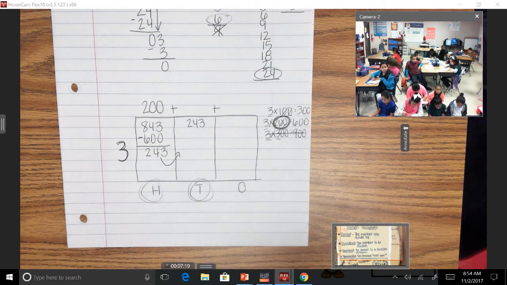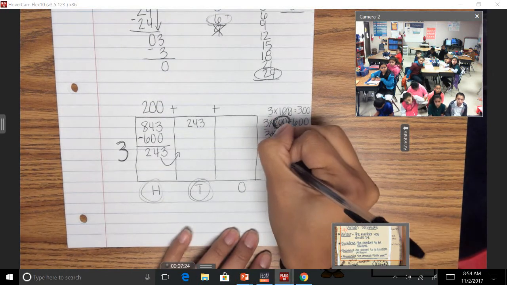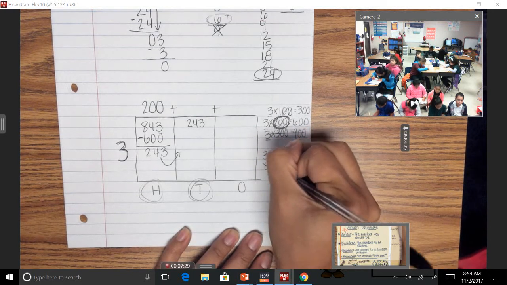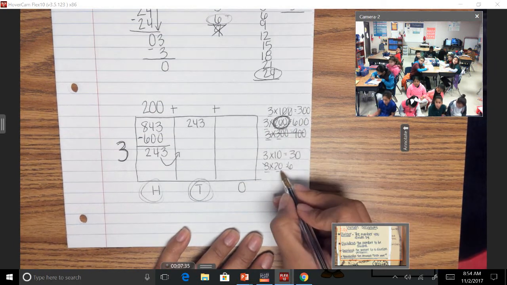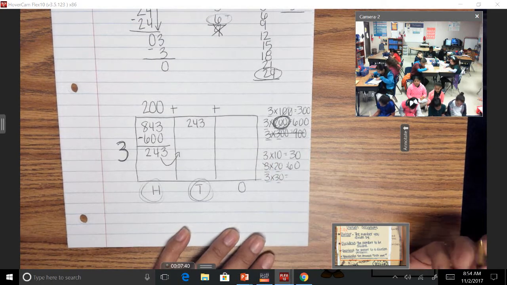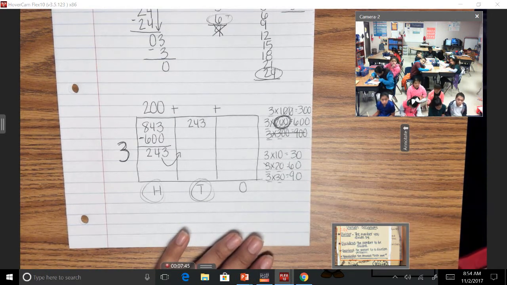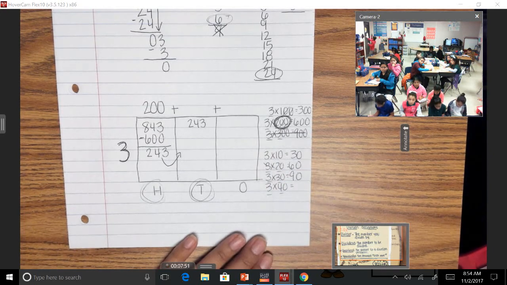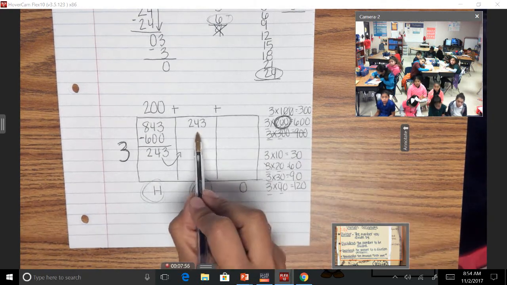So we're going to do 3 times 10, 3 times 20, 3 times 30, 3 times 40, 3 times 50. 3 times 10 equals 30. 3 times 20: 3 times 2 is 6, how many extra zeros? 1. 3 times 30: 3 times 3 is 9, 1 extra zero. 3 times 40: 3 times 4 is 12, 1 extra zero. We're getting closer.